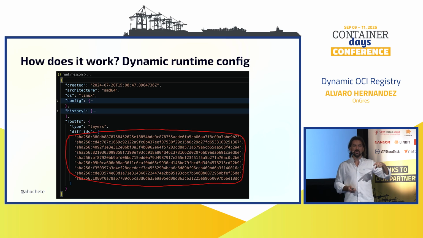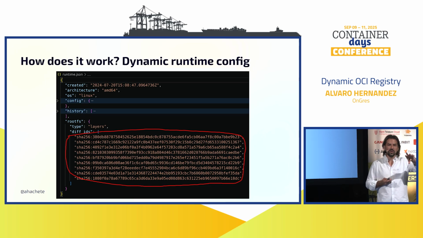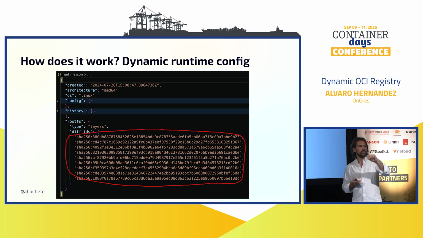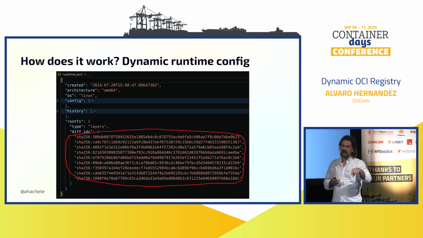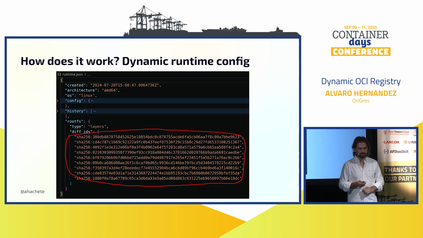The rest of the runtime config is something that we can modify or not. We can decide what we want to do with it. And the business logic of Dozer allows you to use whatever you want. But Dozer is able to plug in and generate and build in dynamically the diff IDs of those layers you're using as part of the runtime config automatically for you.